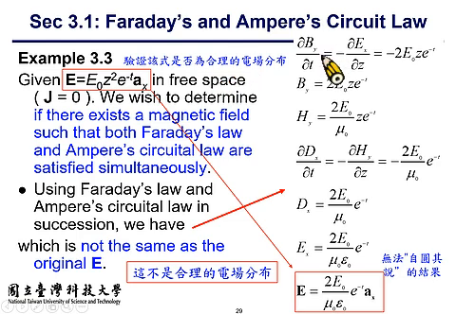If you follow the procedural description about Faraday's law and Ampere circuital law, you end up with this relationship. That is, again, an electrical field intensity in the x direction. It becomes 2 times E sub 0 times exponential minus t. You see, compare this result with the original expression for the electrical field. Are they the same?